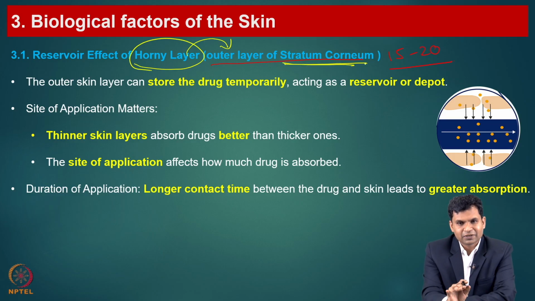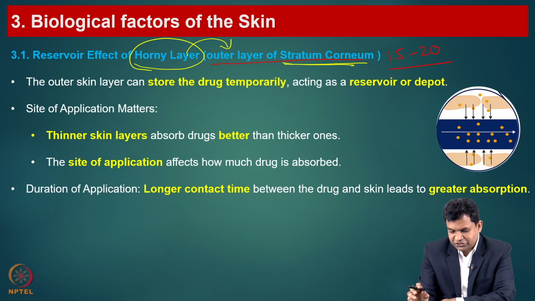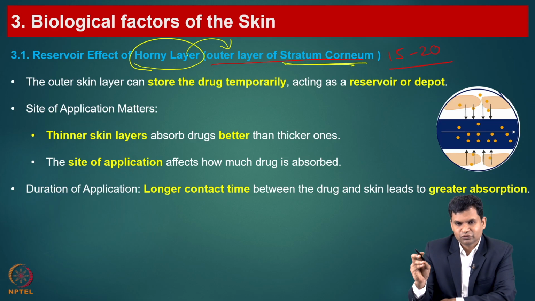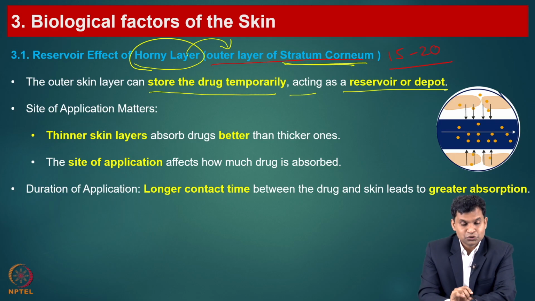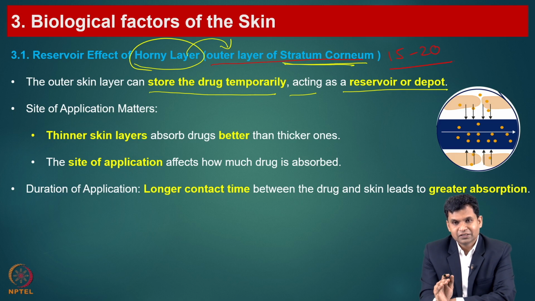It has a property that after administration, the drug molecules or your formulation will be retained, working as a depot or reservoir system. This will help the controlled release of your formulation. You can read here, the outer skin layer can store the drug temporarily, acting as a reservoir or depot. That is good for controlled release.